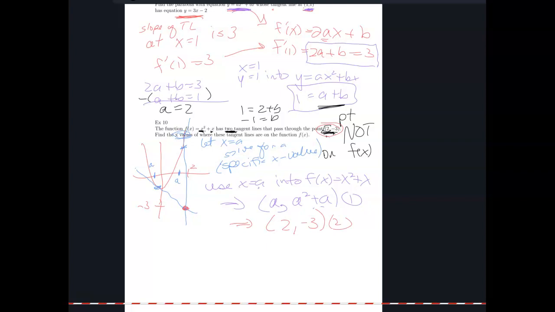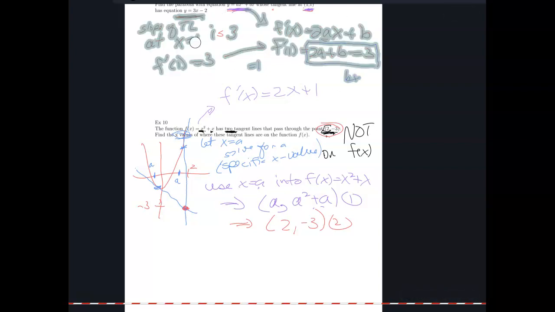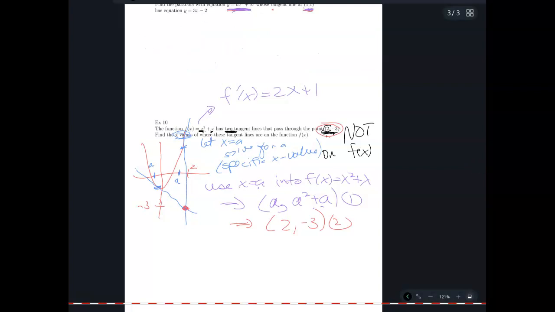Okay, next I'm going to find the derivative at the point a. So let me just make room up here. If I was to take the derivative of this, f prime of x would give me 2x plus 1. That tells me the slope of the tangent line at any point x. So what I want is to plug in a.